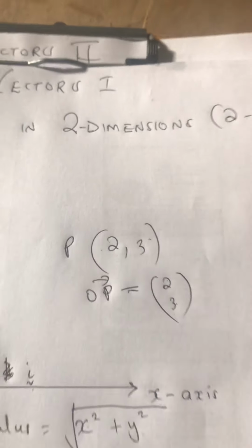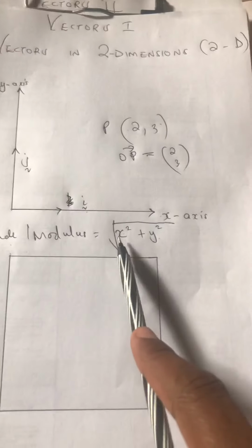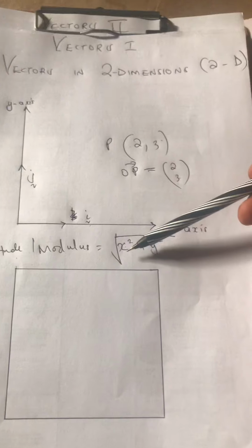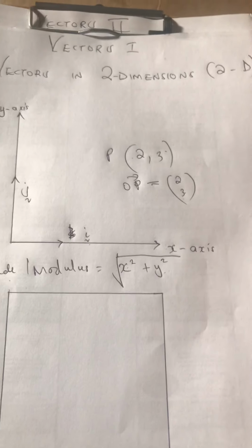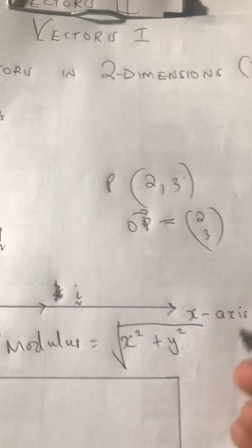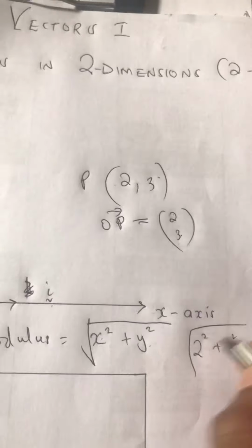Unaandika 2 3 namna hiyo, na ulikuwa na proceed unatafuta kitu inaitwa length, magnitude or modulus by just saying the sum of the x and the y, and of course squares of them, and then you find the square root. So basically unasema 2 square plus 3 square, alafu unatafuta the square root.